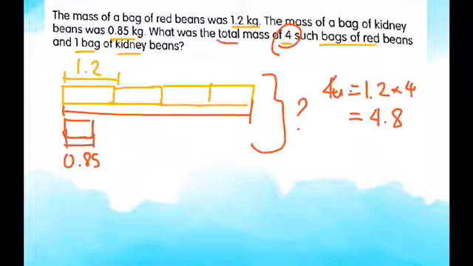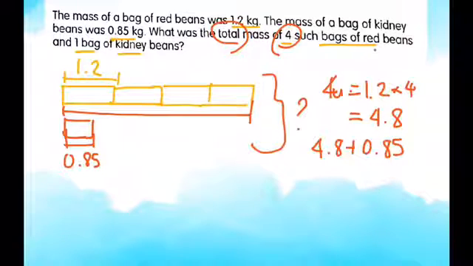Since we need to get the total of the bags of red beans and the kidney beans, we would be adding 4.8 with 0.85. Try this out in your maths journal. So adding up all the values that we have, you should be getting the answer 5.65.